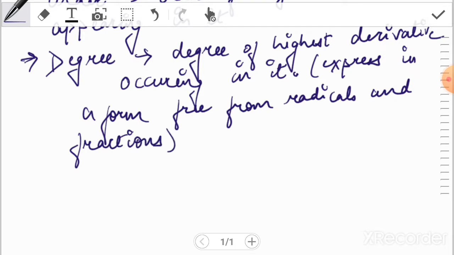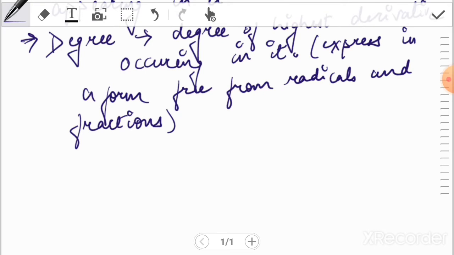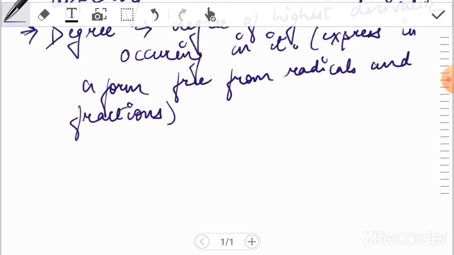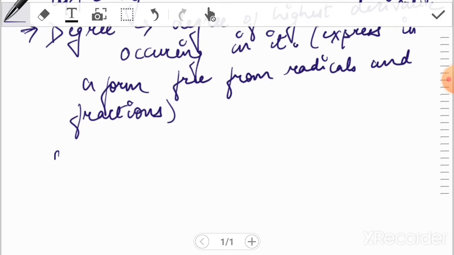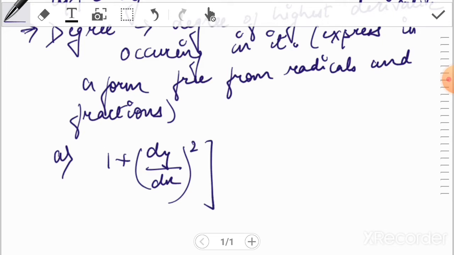For example, let us consider (1 plus (dy by dx) whole square) raised to the power minus 5 by 3 is equal to a times d square y by dx square.